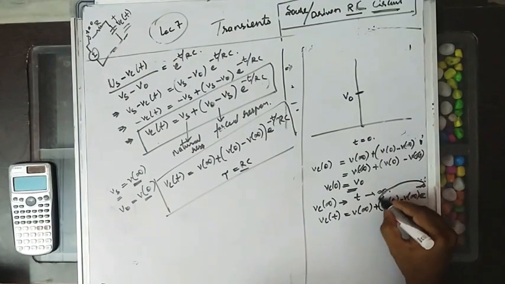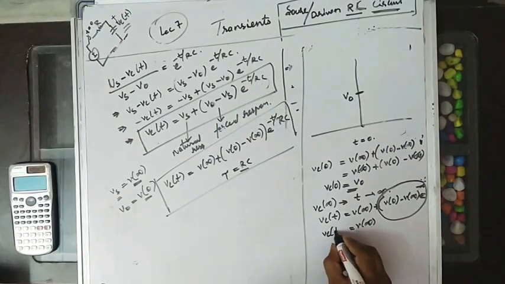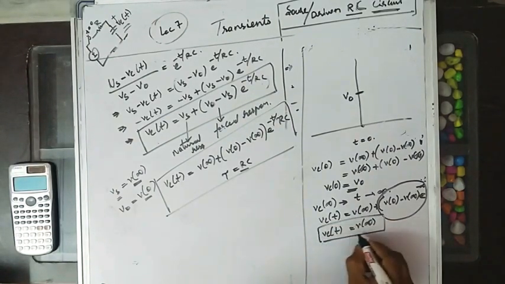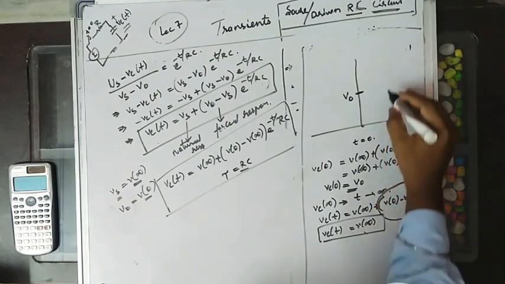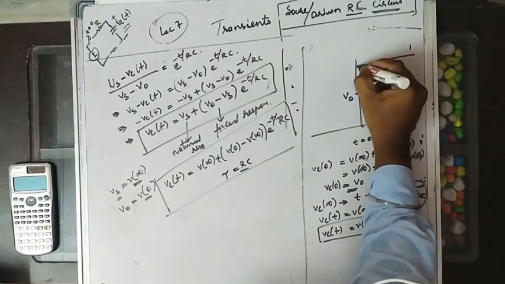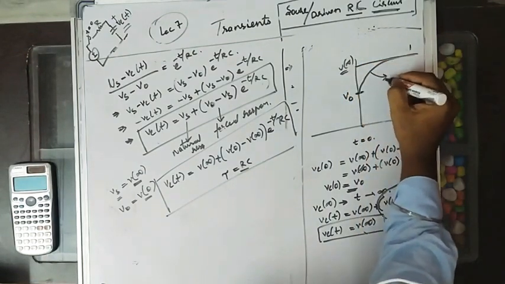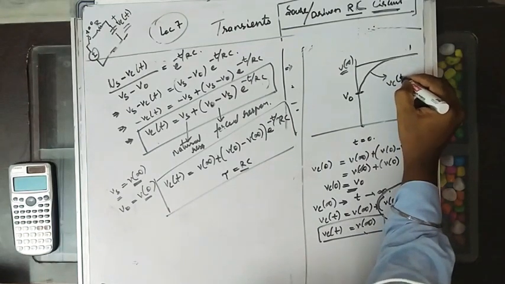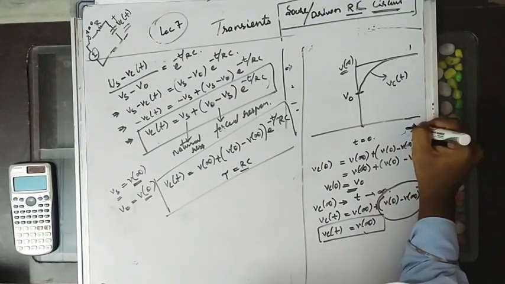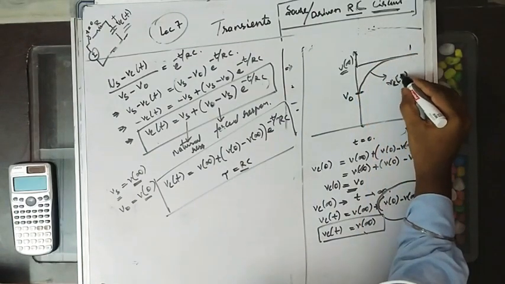That means this entire term becomes 0, leaving V of infinity. So at steady state the voltage across the capacitor is V infinity. At infinite time the voltage across the capacitor increases to V infinity. This is the curve of Vc of t with time, so the voltage across the capacitor is represented like this.